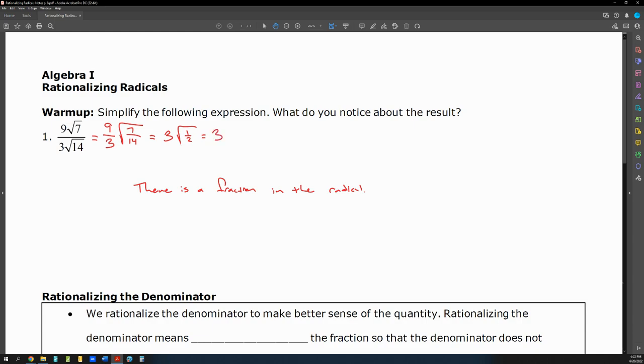So if you had 3 root 1 over root 2, well, we know what the square root of 1 is. That's just 1. So you might have also gotten the answer 3 times 1 over root 2. Okay, so your observation for the result might have been that there is a radical in the denominator.